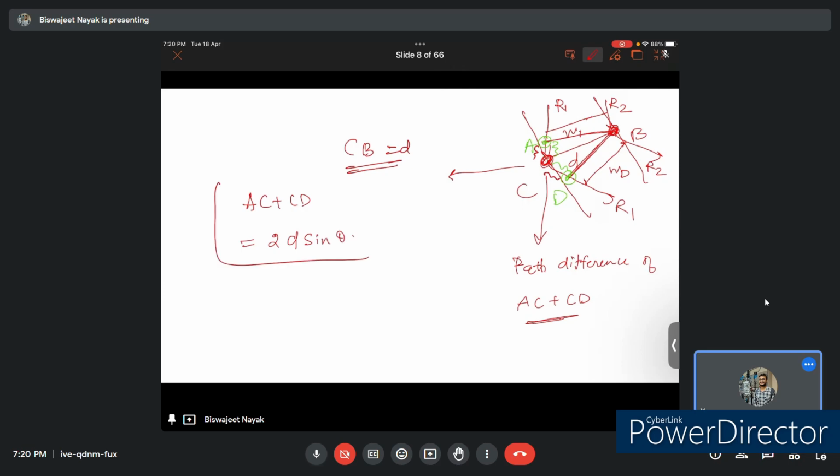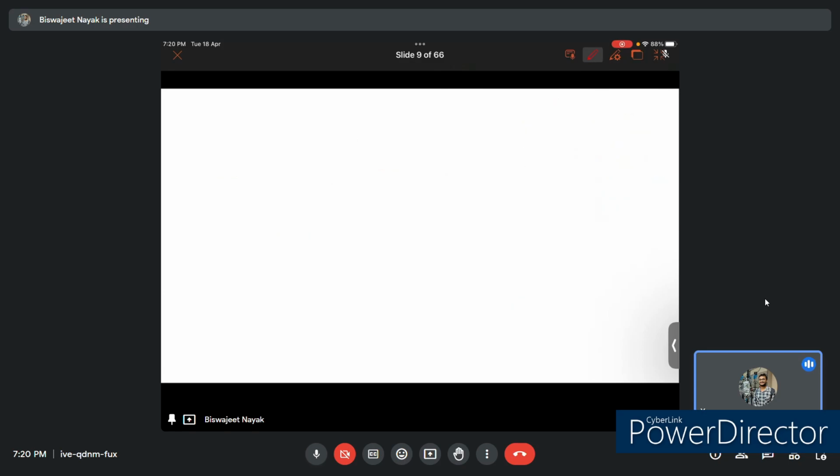And this is the basis for Bragg's law, right? This is scattering happening from a plane of atoms. So let's consider scattering from a crystal. Then let's consider this k vector, sine theta B by lambda, where we consider this theta as theta B, which is called the Bragg angle.